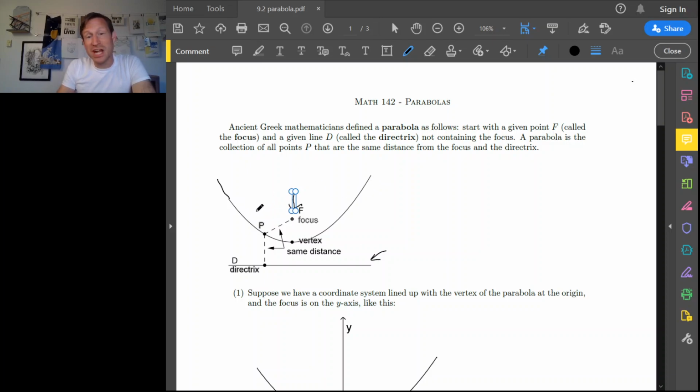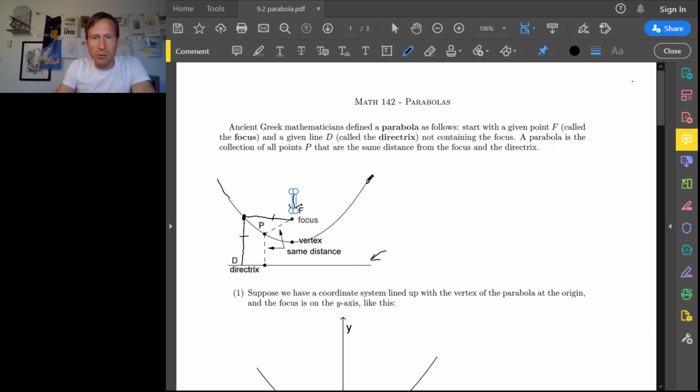And you can sort of check by eye that it has the property that the ancient Greeks described. If you take any point on this curve and you measure the distance to the directrix, the way I have this set up, that's always going to be straight down, and you compare that to the distance to the focus, these distances are the same.